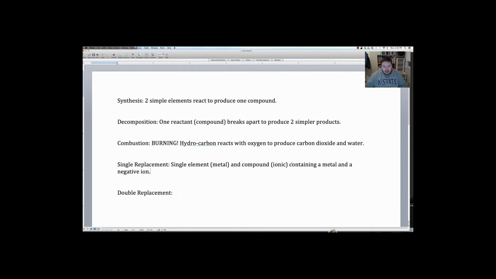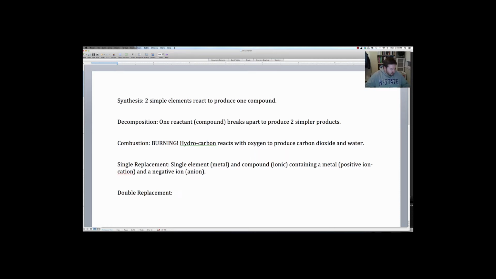Could be a polyatomic ion, could be a single element. And in this case, our metal is going to be the positive ion, which is also known as a cation. And our negative ion, whether it's a single element or a polyatomic ion, is known as an anion.